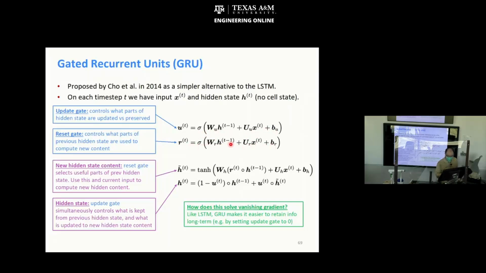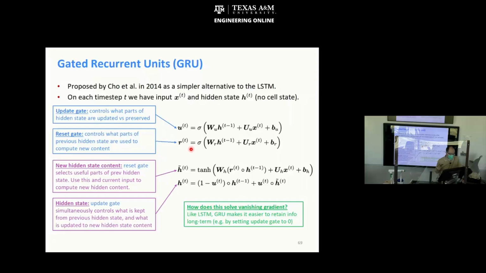It's very similar: we have a linear and a nonlinear activation function. We have the u and r. One is for the update gate, which controls what parts of the hidden state are updated versus preserved. Then we have the resetting gate, which controls what parts of the previous hidden state are used to compute the new one.